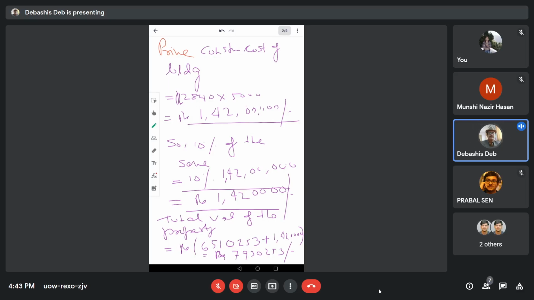This is the main crux of the land and building method. Next day, we'll be doing the comparison method, and thereafter some problems which will be a little bit typical, some on the basis of the rental method, some on the land and building method, some a combination of both.